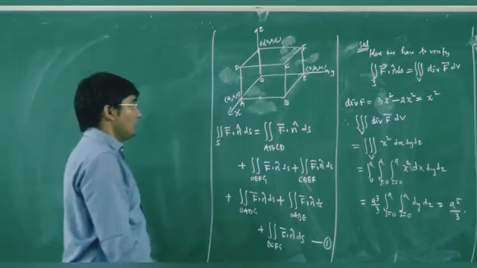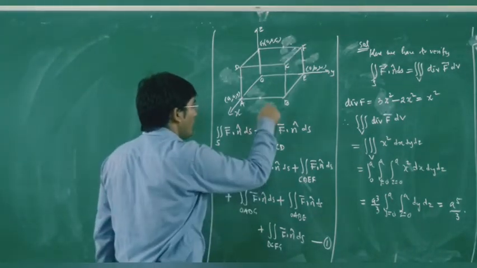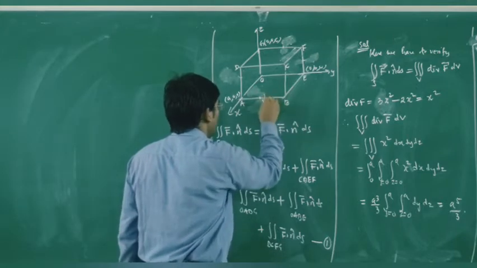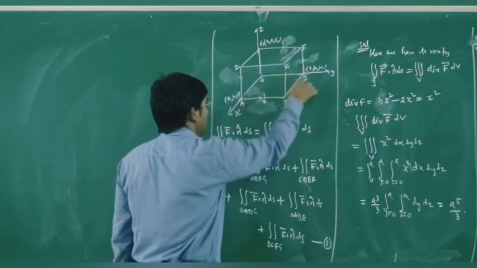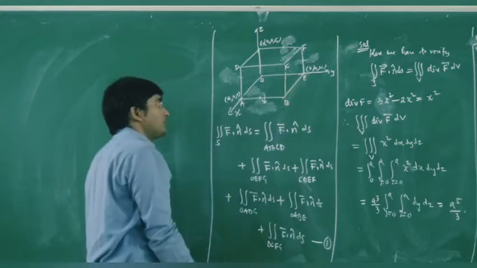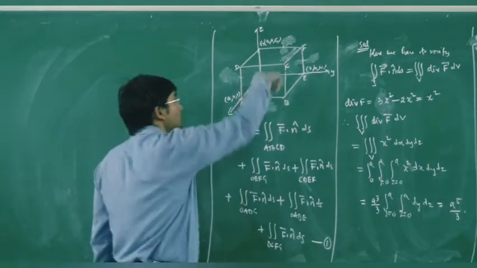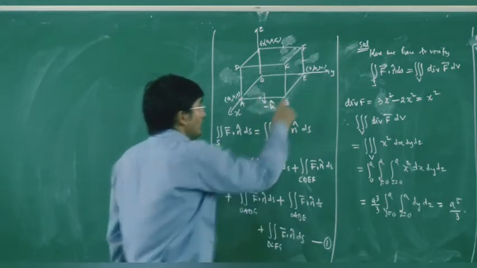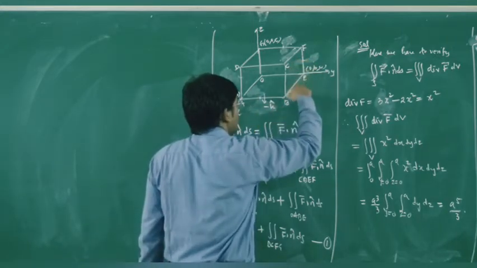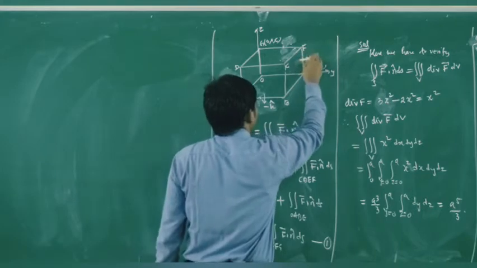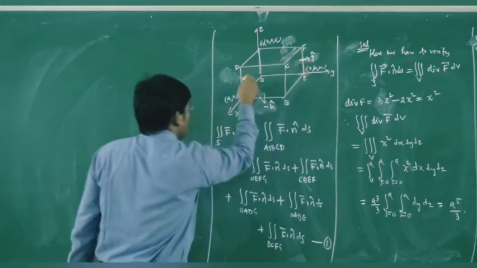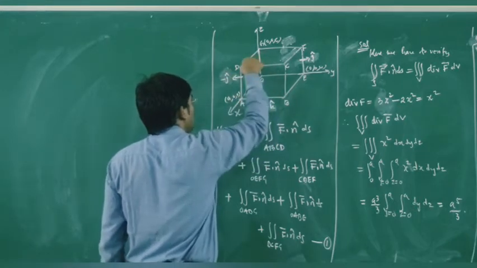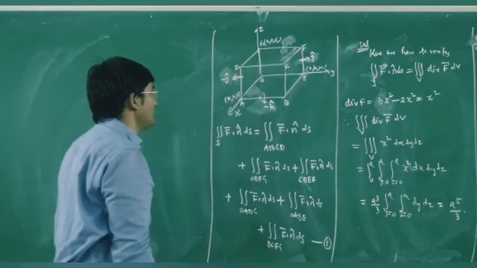upon 3. Now the unit normal for this part OABE is in the xy plane, so its unit normal will be minus k. This outer normal will be minus k. Then this is your CBEF. For this we have the unit normal as j, and its opposite AOGD has the unit normal minus j.